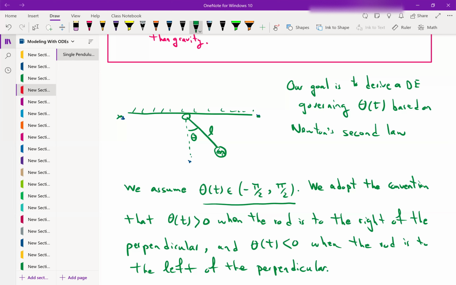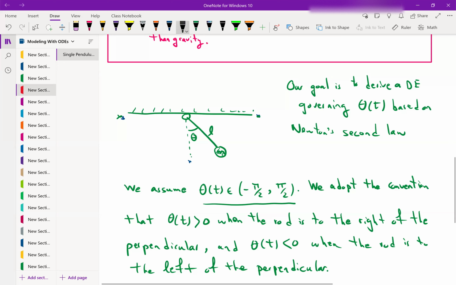Okay. Now let me set up my coordinate system and introduce the symbols that I'm going to use for different quantities of interest, and then I will draw a free body diagram. This is always the procedure for me when I want to apply Newton's second law.